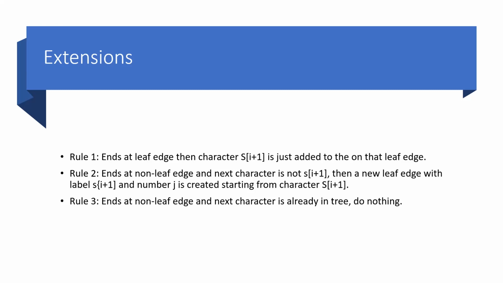And then rule 3 is that if a path from the root labeled S of J to I ends at a non-leaf edge, so again, there are more characters after S of I on the path, and the next character, which is S of I plus 1, is already in the tree, then we don't have to do anything.